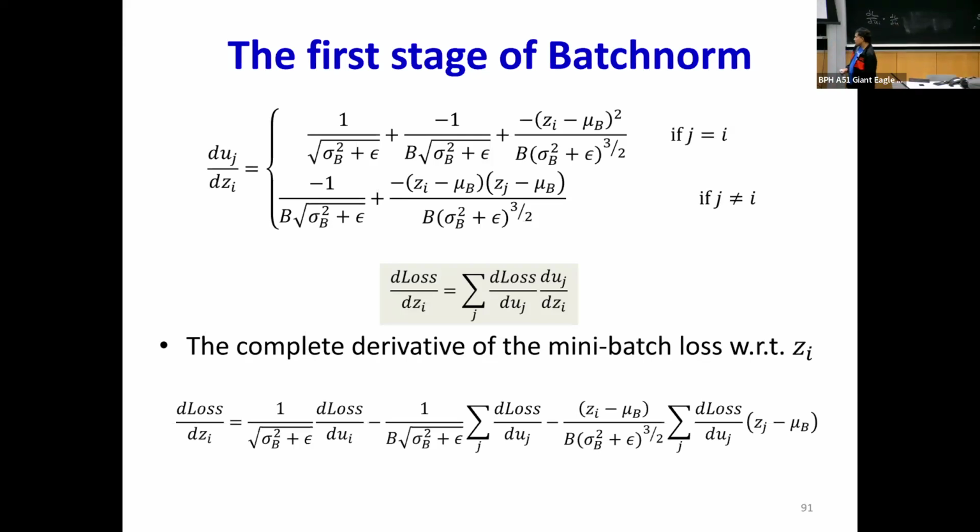So that first term simply becomes d loss over du times 1 over square root of sigma b squared. I'm too lazy to write the epsilon, okay?